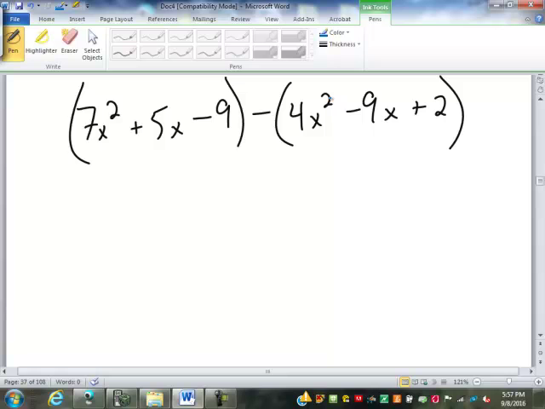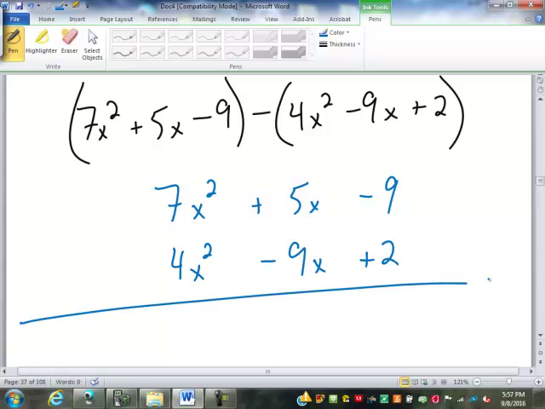And we're going to subtract 4x squared minus 9x plus 2. Once again, we make sure we line everything up with its place value. 4x squared under the 7x squared. Negative 9x under the 5x. And the 2 under the negative 9. And now we are subtracting down each column.